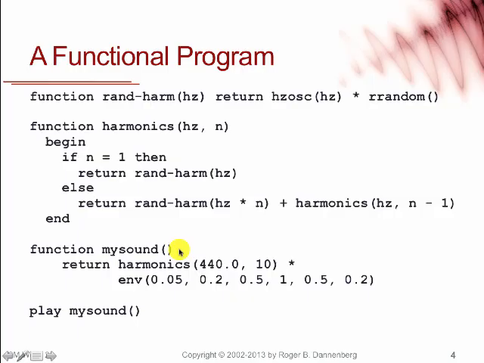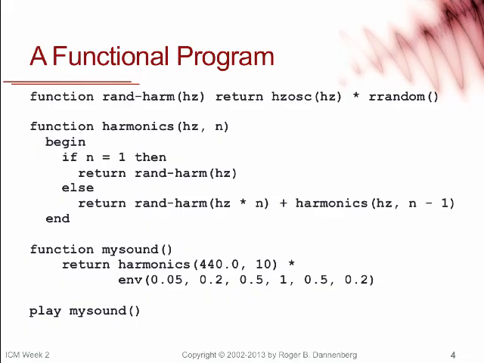And here in my sound, we call harmonics multiplied by envelope to get the scaling part. And then we can just play my sound. And this time, when we compute my sound, what will come back from my sound and harmonics is a lazily evaluated, in other words, unevaluated sound with the potential to compute all these harmonics.